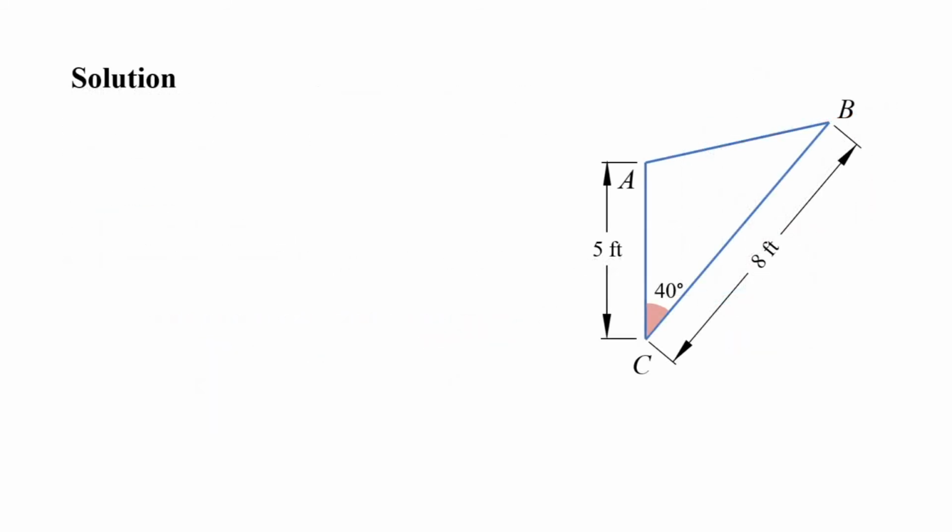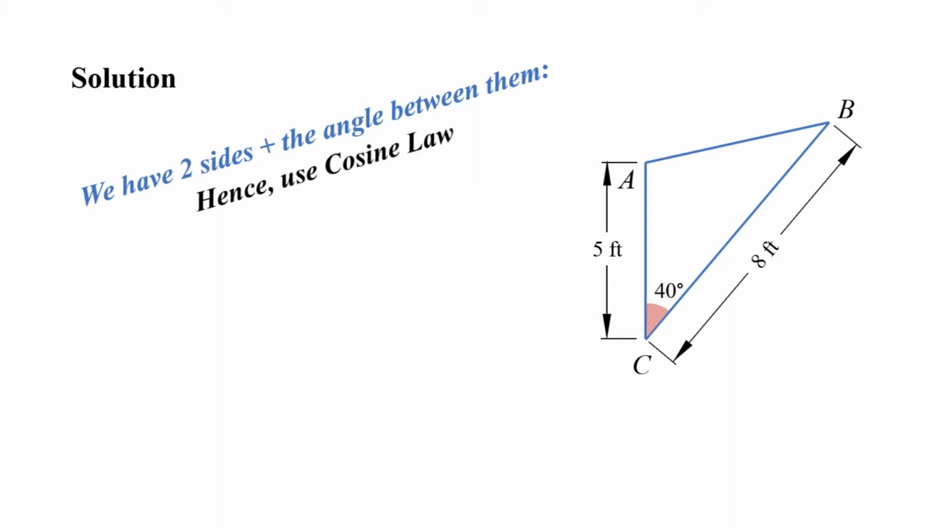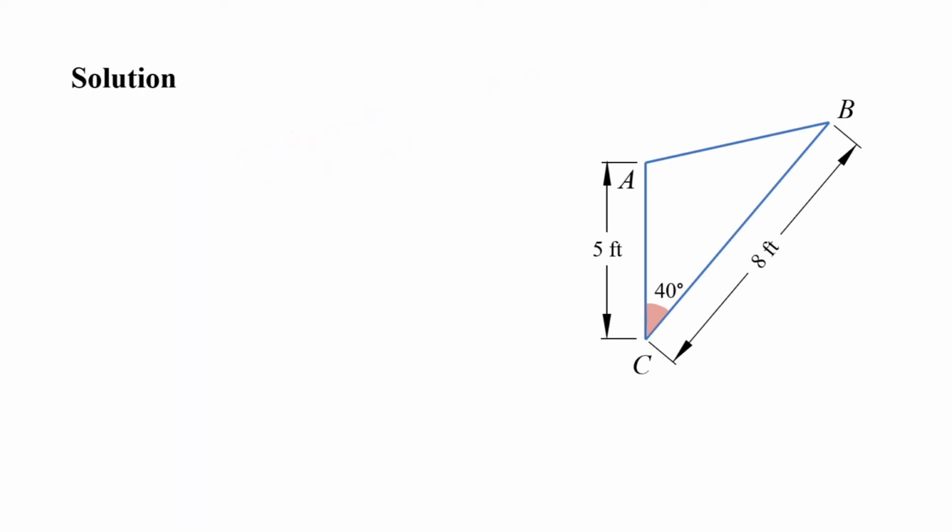Okay, so first let's draw the triangle ABC. Straightforward. Two sides and the angle between them, 8 and 5 and the angle 40. Apply cosine law, and that should compute AB for us. So in this case, side C is side AB.